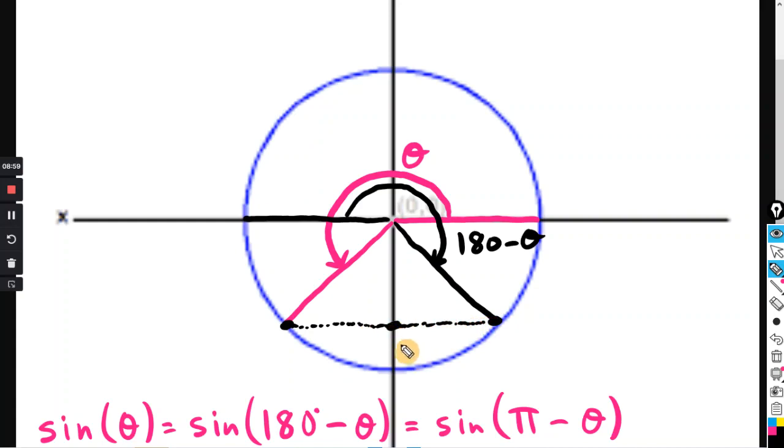The y-coordinate here is going to equal sine of theta, or the sine of 180 minus theta. Okay, same thing. So no matter where you go on this, how many revolutions or how big the angle is on the circle, for the sine or the y-coordinate, the sine of theta will always equal the sine of 180 minus theta.